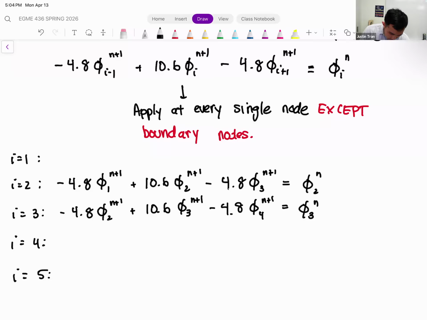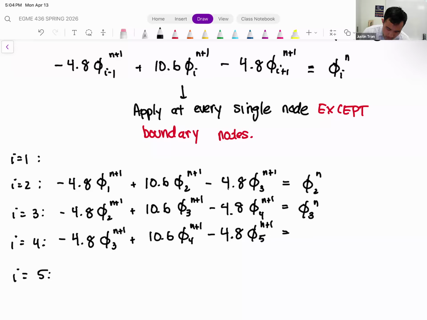And then i is equal to 4, same thing. So minus 4.8 phi3 at n plus 1, plus 10.6 phi4 at n plus 1, minus 4.8 phi5 at n plus 1 is equal to phi4 at n.